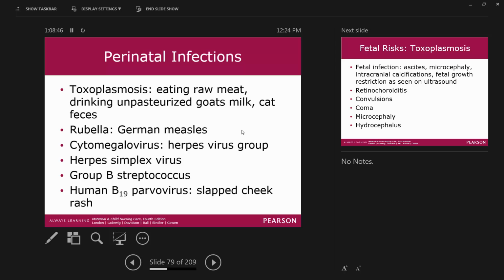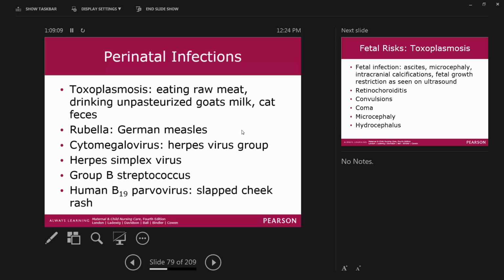But anyways, we're going to test for rubella. I don't know if they actually do cytomegalovirus testing, or if it's just women at risk. So I don't think the herpes and the cytomegalovirus are a standard. I think they do those just for women at risk.